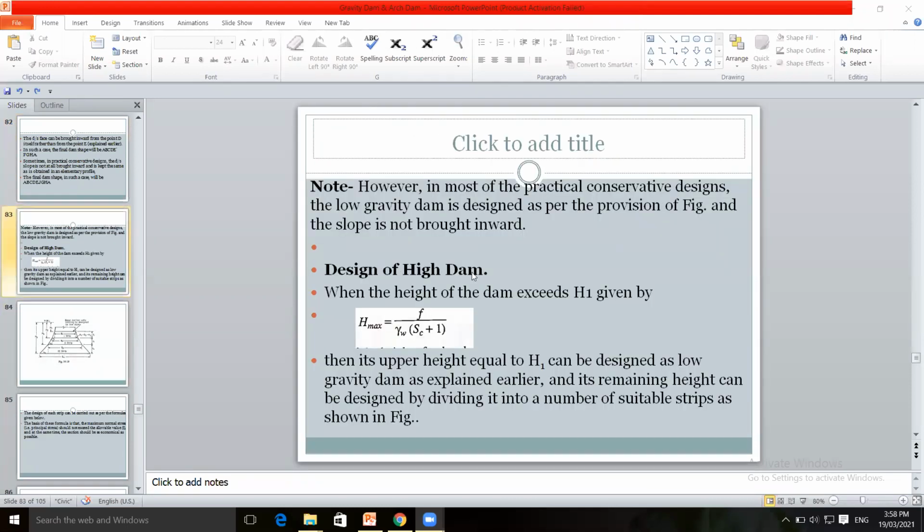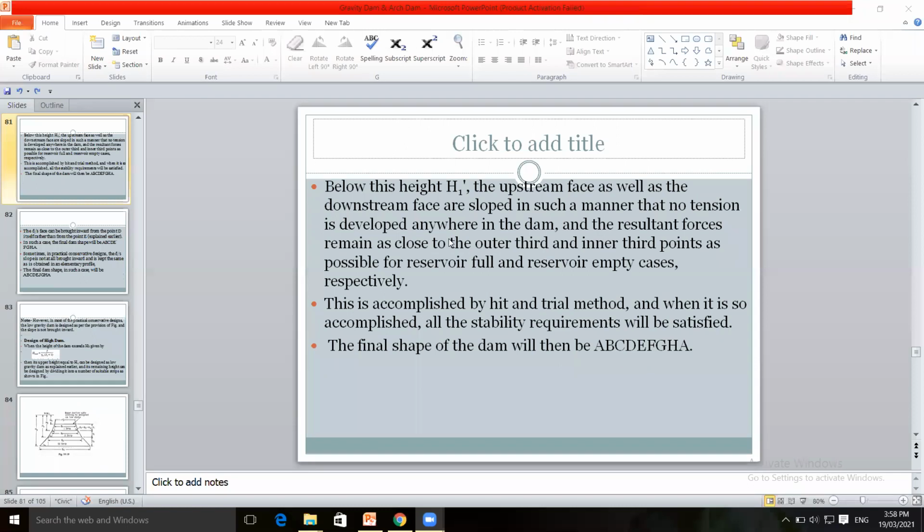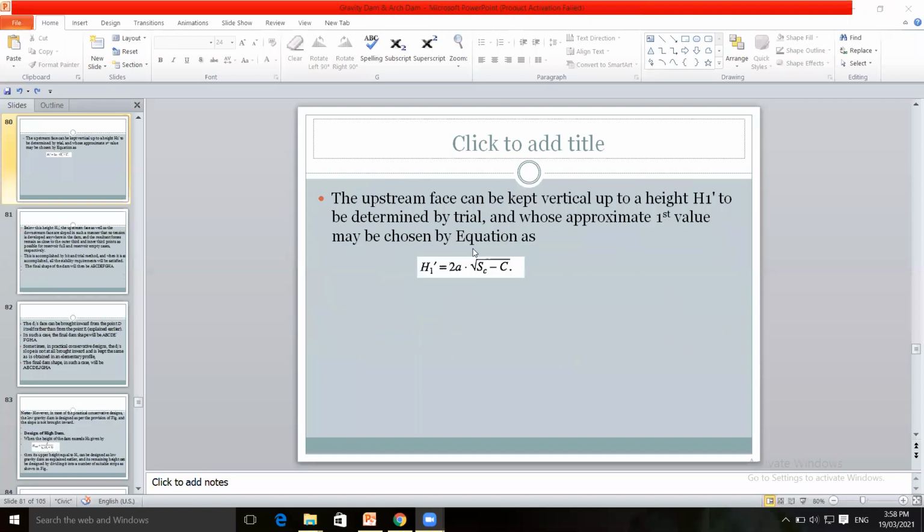The next step, design of the high gravity dam. So for low gravity dam, the H1 hash is calculated by this equation 2a into root of SC minus C.